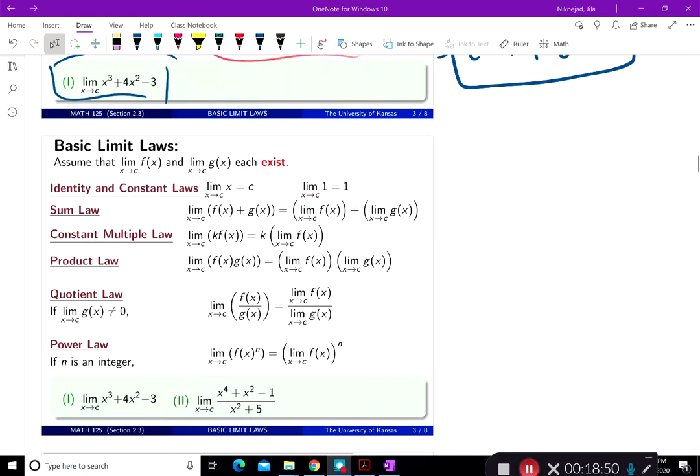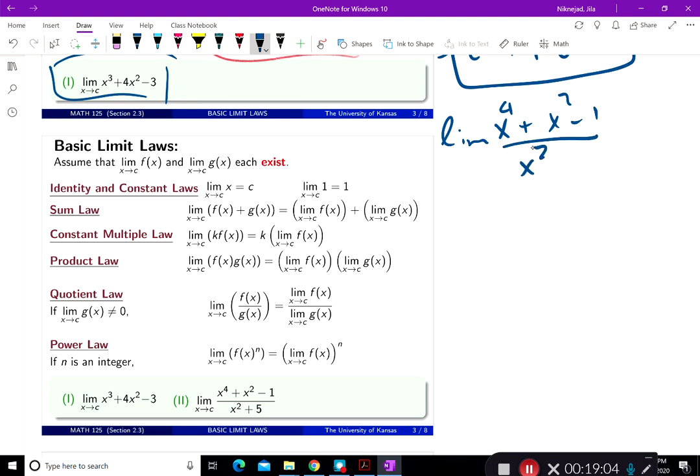Now let's do another example. This is a limit of a quotient function as x approaches c.